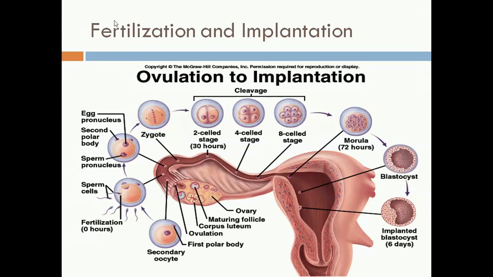Okay? Then, once the zygote is formed after fusion, it goes into the two-celled stage. The two-celled stage exactly happens 30 hours after fertilization. Say after fusion, 30 hours after the fusion, it becomes the two-cell stage. Until the one-cell stage to the two-cell stage, there are many sequences of enzymatic reactions that take place.